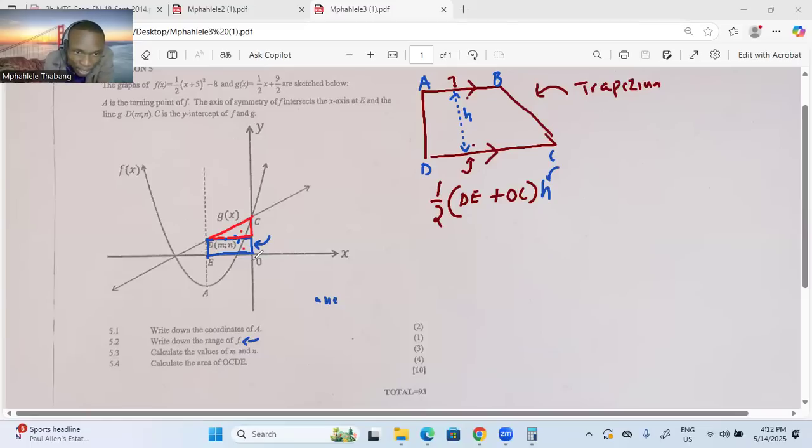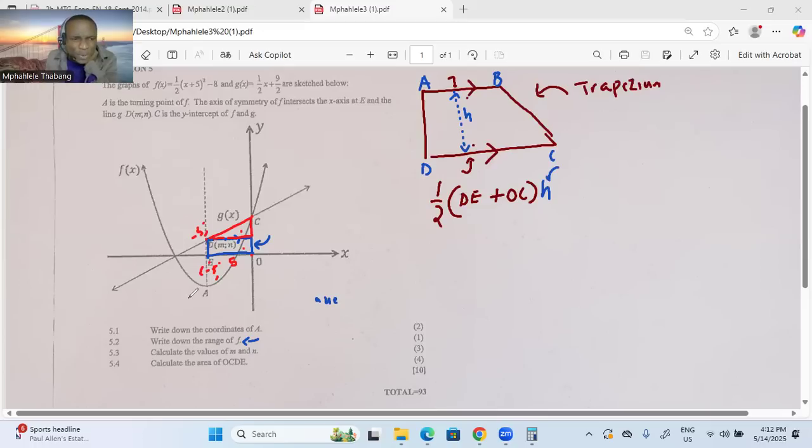So at E, the x coordinate is -5, which means the distance from O to E is 5. And then we know the y coordinate at D. What was the y coordinate?